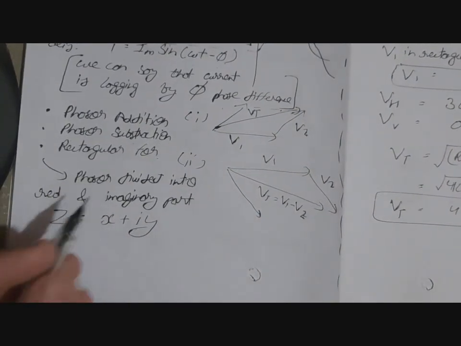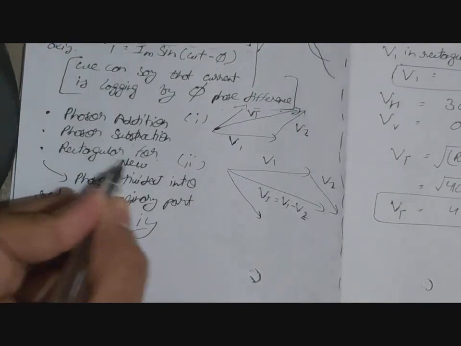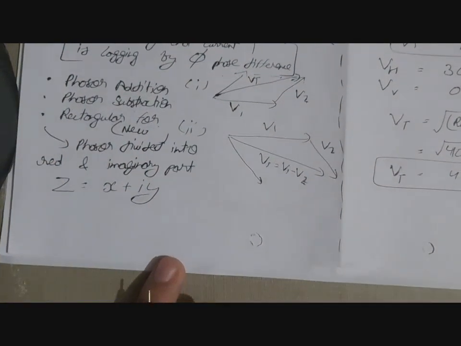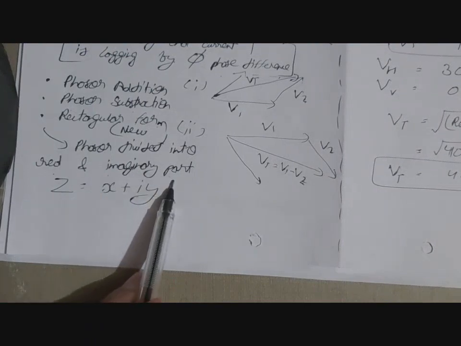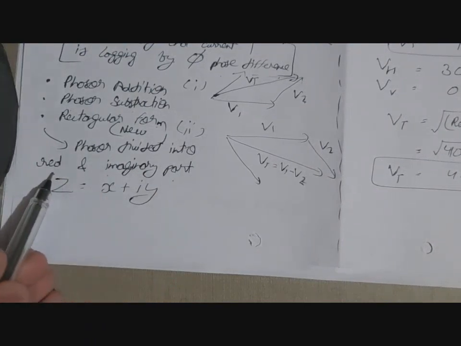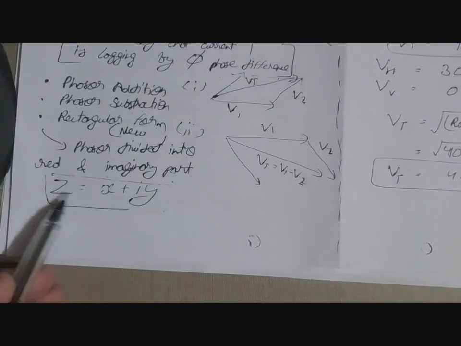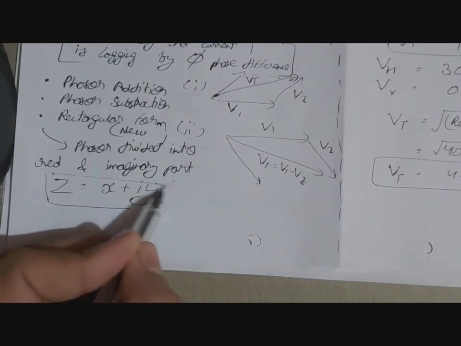And the new thing is the rectangular form, in which a phasor is divided into real and imaginary parts. Let's suppose z is equal to x plus iy.